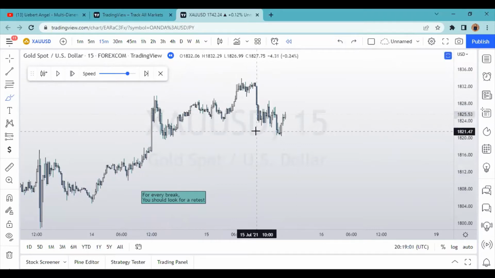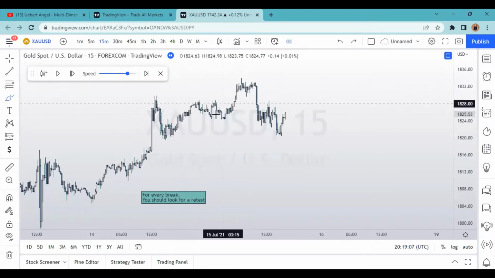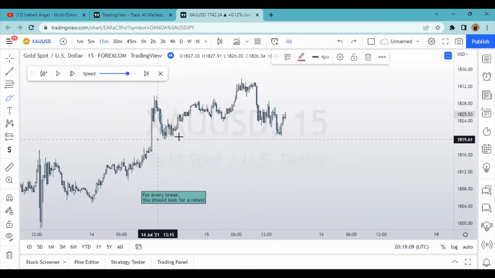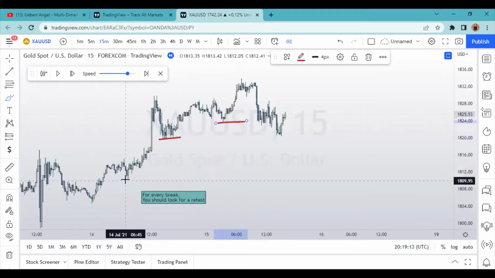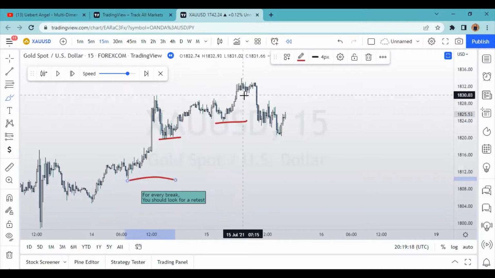So for example, let's start here and we have something like this. This is an area of support here, right? It's almost everywhere. So you want to use the freshest zones of support.